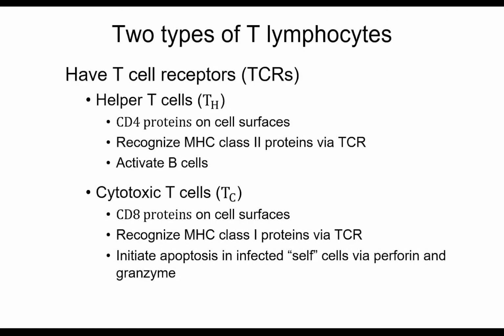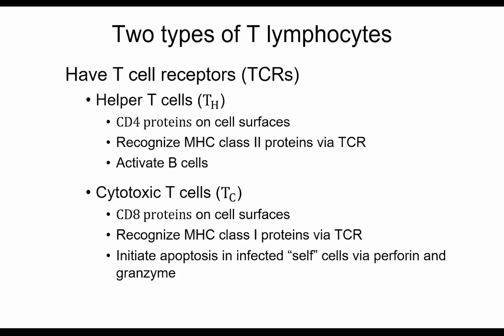Now, we've already talked a little bit about helper T cells, which recognize MHC class II proteins via their T cell receptor and are involved in activating B cells. Sometimes you'll see these referred to as CD4 cells as well, because they have cluster of differentiation 4 proteins on the cell surface. But now we're going to talk about a second type of T cell called the cytotoxic T cell, or TC cell.